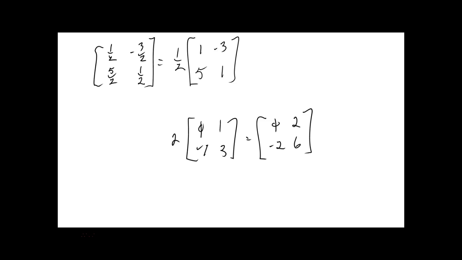Now, here is the formal definition of scalar multiplication. I think you already know how to do it. Let's just write it somewhat formally. What's another name for A? A_ij, where I goes anywhere from 1 to M, and J goes anywhere from 1 to N. So that's an M by N matrix. And c is a scalar.